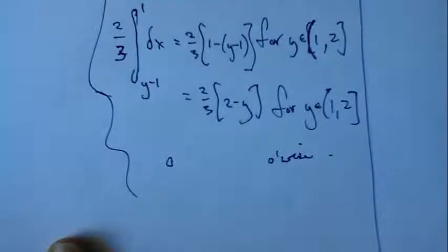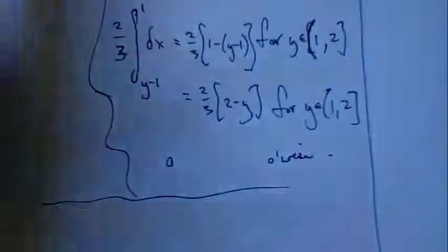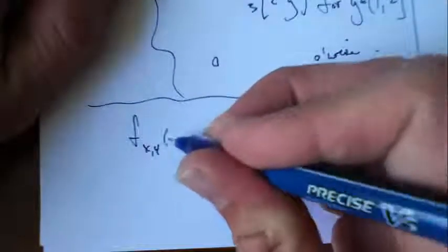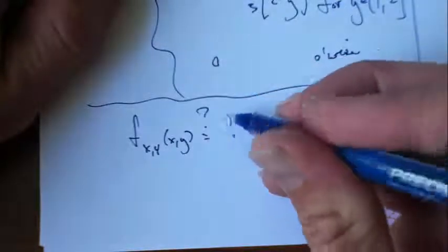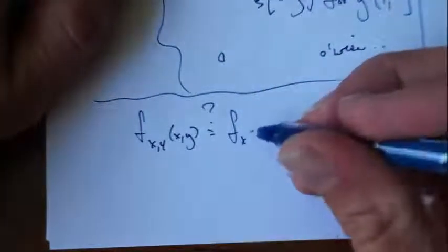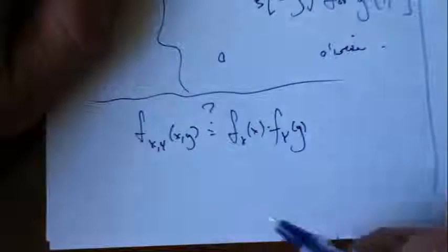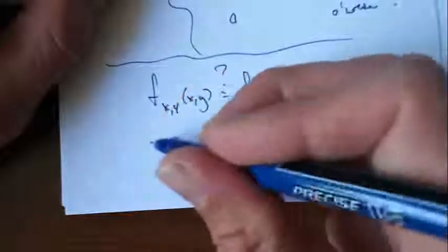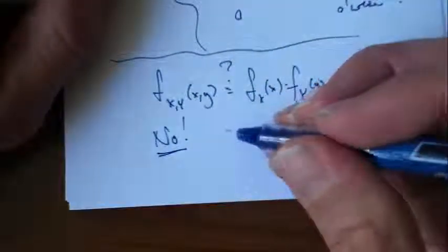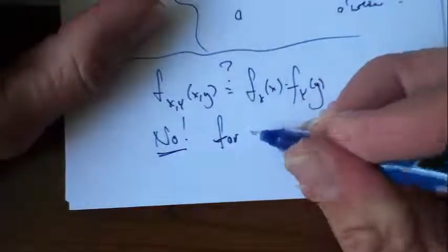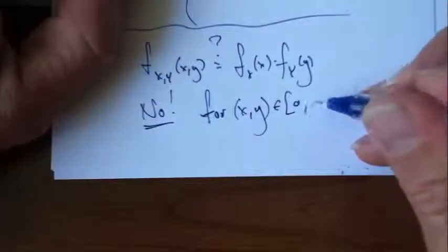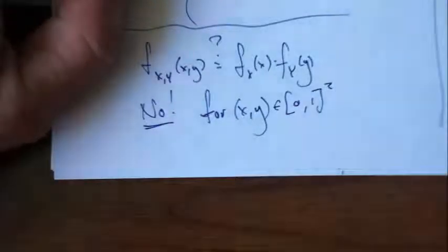Okay. So now, our test is, we want to see if the joint density can be equal to the product of the marginals. Is that true? Well, no, it's not. For example, let's say you pick x and y in the unit square there, from 0 to 1 by 0 to 1.